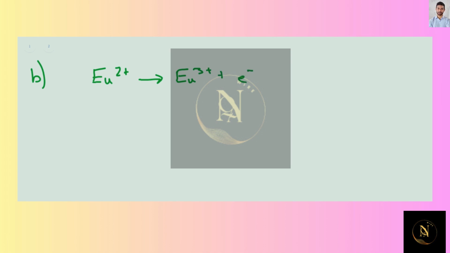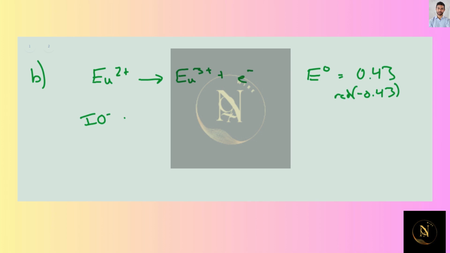We have europium 2 plus producing europium 3 plus and 1 electron. And the potential for this reaction is equal to, we'll flip it, 0.43, again in parentheses negative 0.43 for the reduction. The other reaction is the same reaction as we did before.